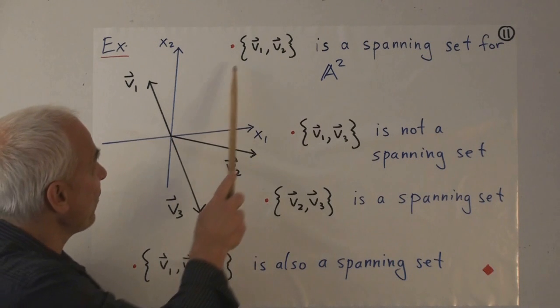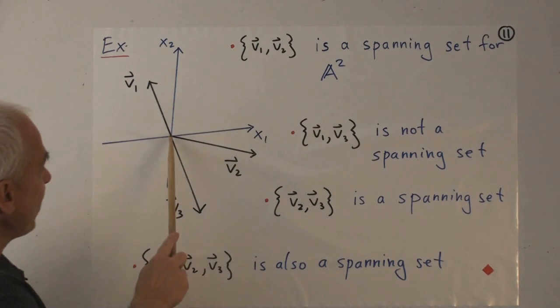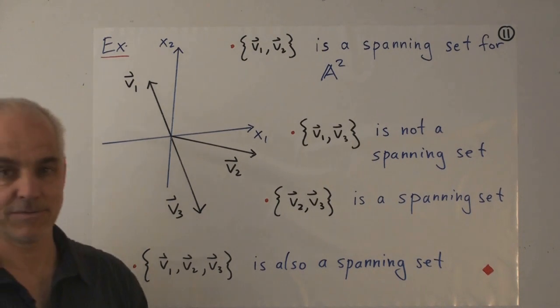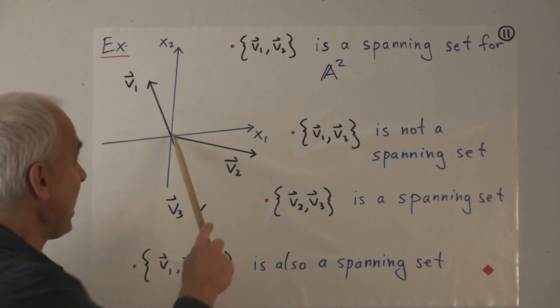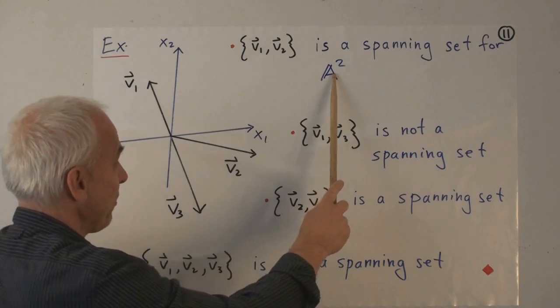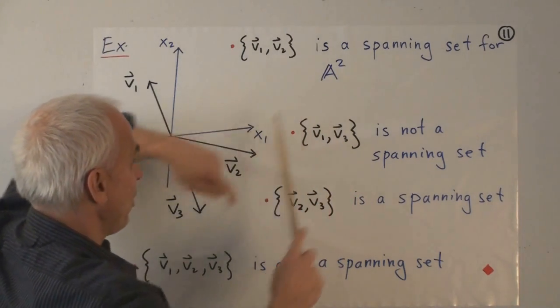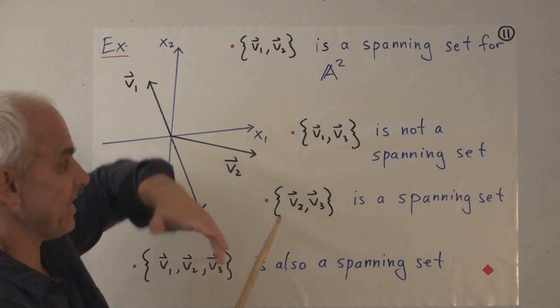All right, well, first of all, the set v1, v2. Set this vector plus this vector. That is a spanning set, geometrically, because any old vector could be written as some combination of this one plus some combination of v2. You can see that geometrically.